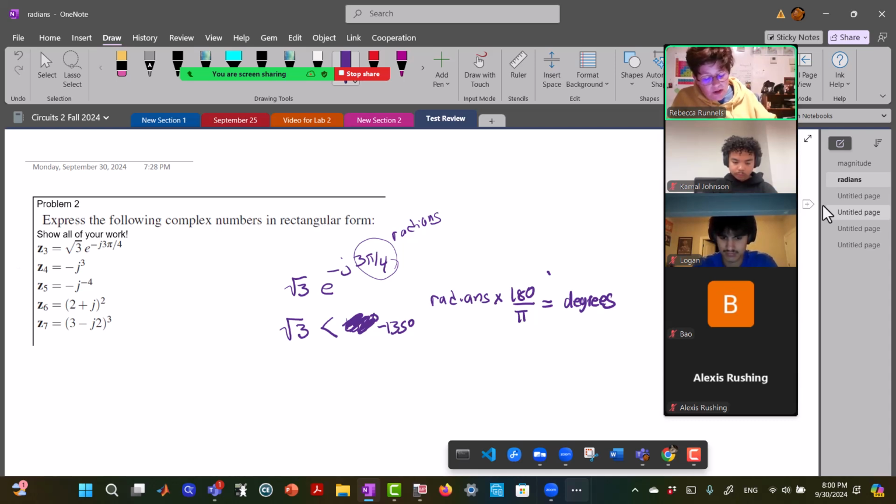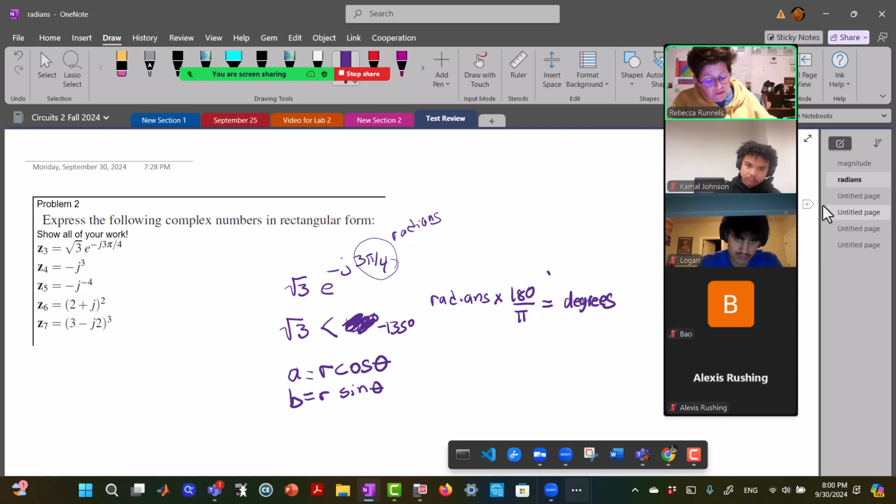But we want it in rectangular form, and so how do you go from polar form to rectangular form? Well, it's pretty easy. You're going to have that a equals r cosine theta, and b equals r sine theta.